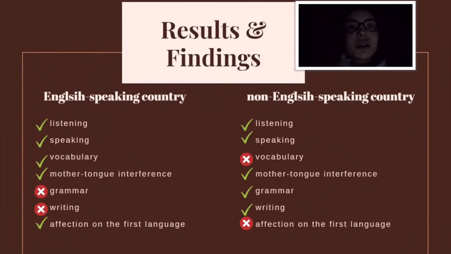Having interviewed every participant, we found out that many of those who learn English in America, for example, VP, who has been living there for 5 years, when he just started learning English, couldn't understand the grammar structure, and it was hard for him to use grammar in real life.